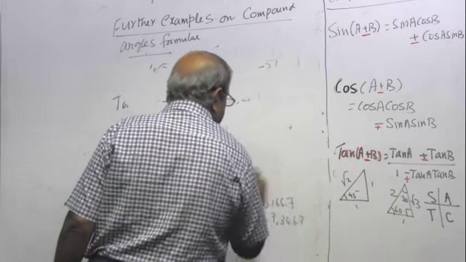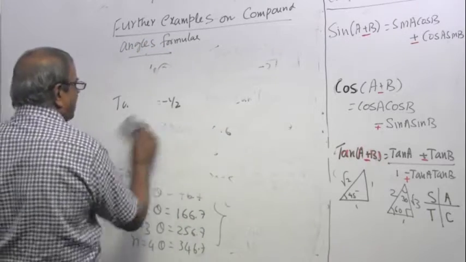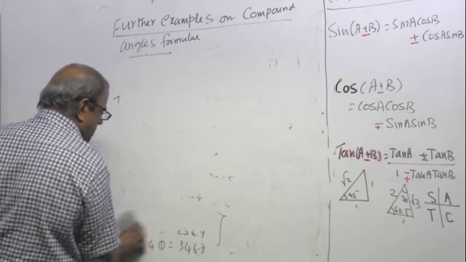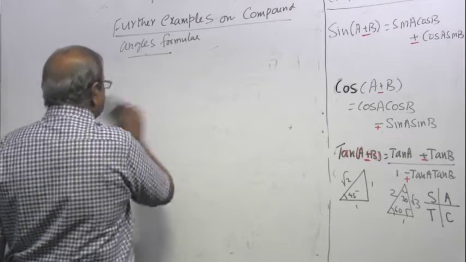I have seen a question similar to this, which I am going to do now, in one of the past A-level papers. I can't remember which year. It rings a bell.